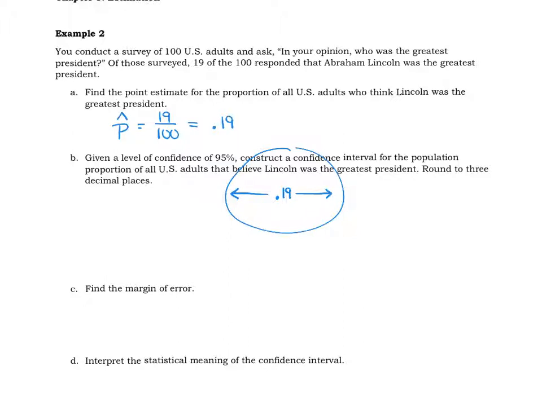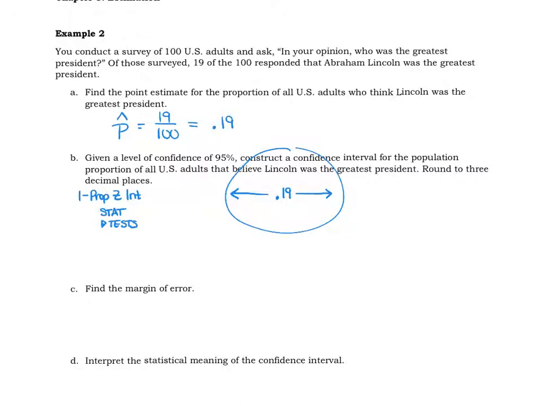The way we're going to do that is using your calculator, and we are going to do what is called a 1 proportion Z interval. To do that, press your stat button, then arrow over to tests and go down.